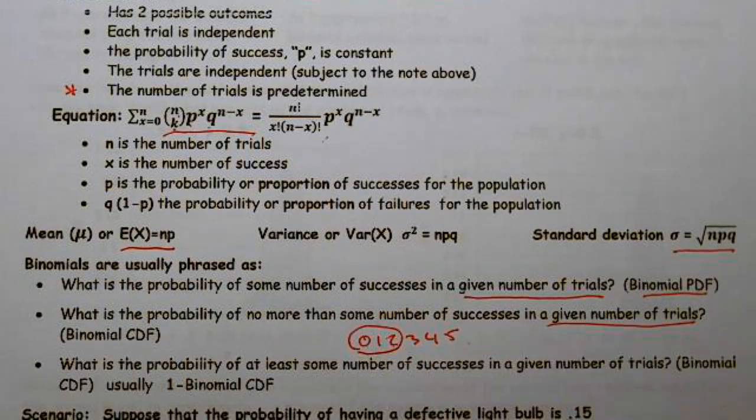Well, obviously I circled 3 potential values: the probability of 0, the probability of 1, and the probability of 2. So this essentially is going to be a CDF problem, which is a combination of the individual PDFs. So that's the probability of 0 plus the probability of 1 success plus the probability of 2 successes.